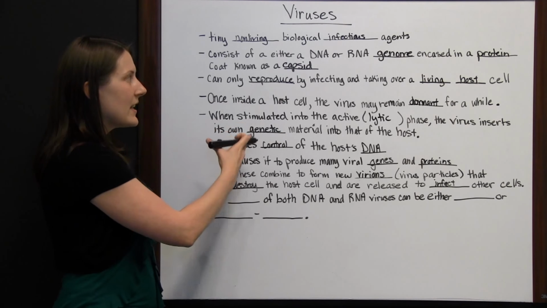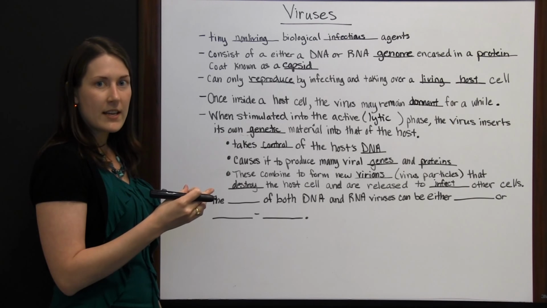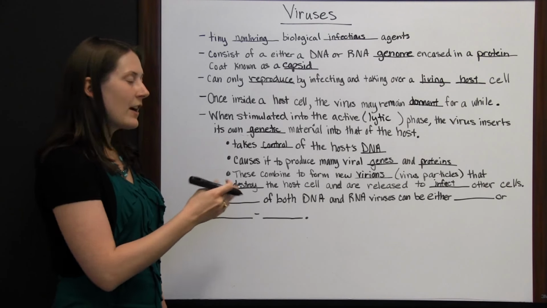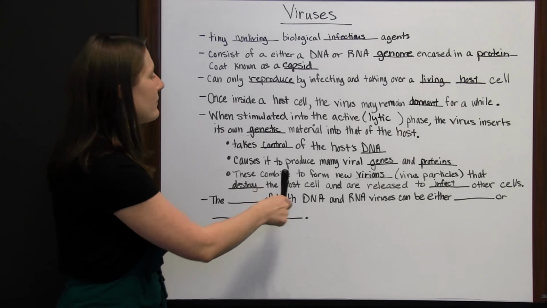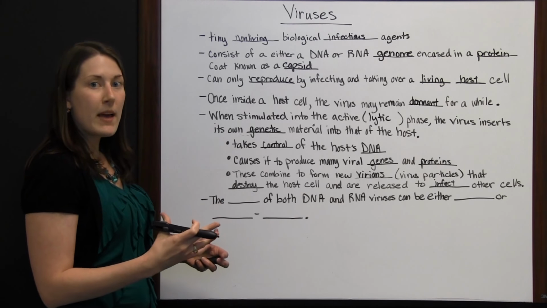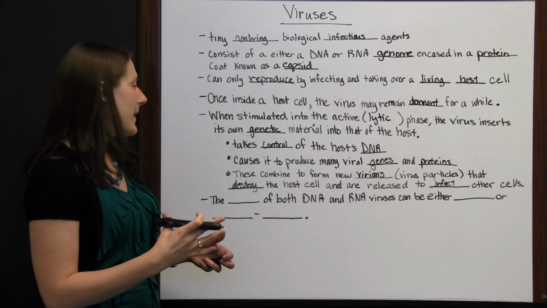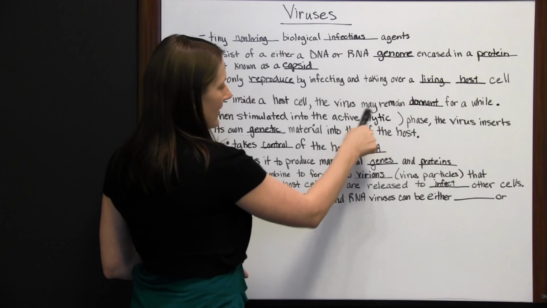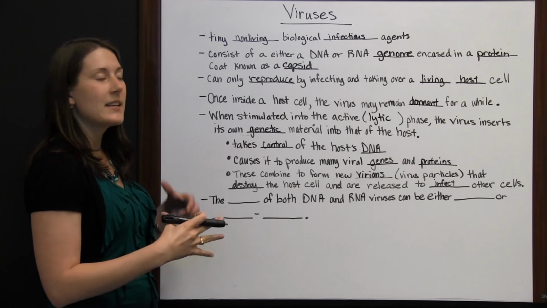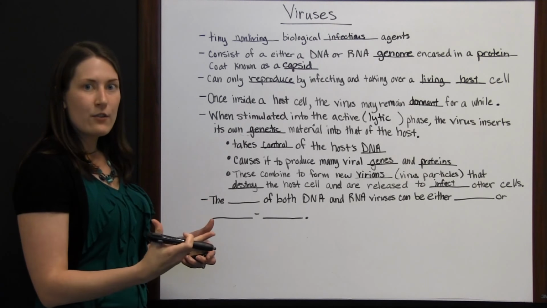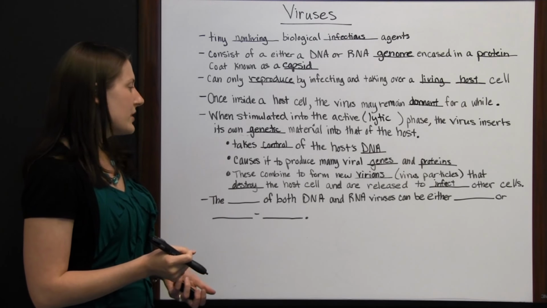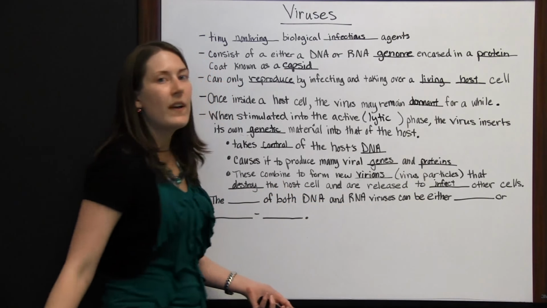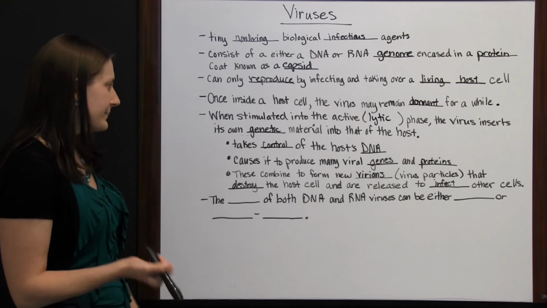The viral DNA or RNA is going to mix with the host DNA or RNA, take control of it, and then tell it to produce lots more of these viral genes and proteins, which combine to form new virions, and more are being made so fast that the cell can't keep up, and the cell is going to burst or lyse, which is where we get the lytic cycle or lytic phase from, because the end result is going to be the cell lysing or bursting open. And once it bursts open, all these virions are released to infect other cells and go and repeat the process.